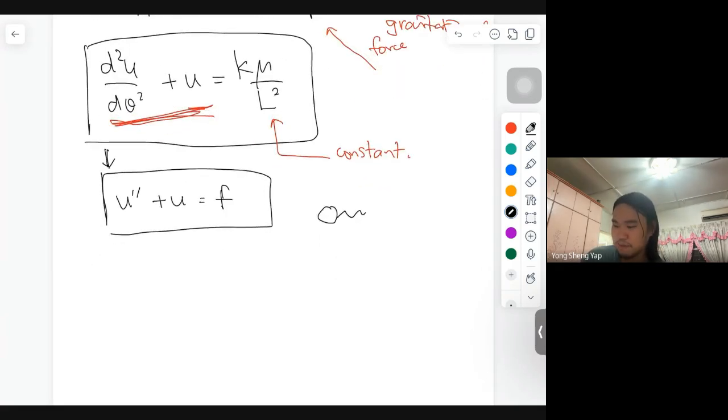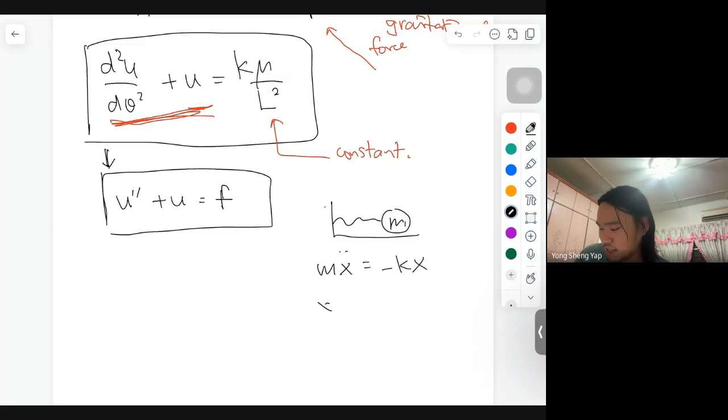Does anyone remember what is the equation of motion for? Yeah. Okay. Thank you, Brandon. It's an exponential, but in this case it's an exponential with an imaginary power. If you remember, the equation of motion for a mass on a spring is m x double dot equals minus k x, or x double dot plus omega squared x is 0.